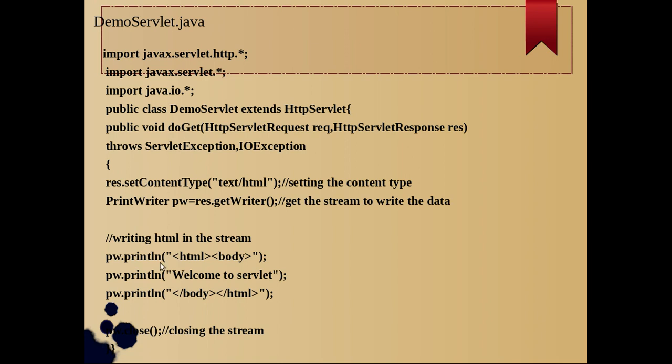Then here is the HTML code for writing the welcome to servlet text. We have seen how we can display content on a web page with HTML or without HTML code. Then after the work is done, we close the connection. That is closed by using pw.close, because the print writer object is pw. We have seen the example which contains an out object, so out.close.